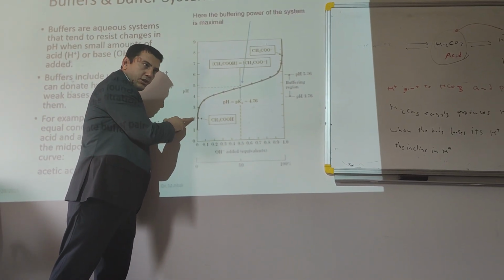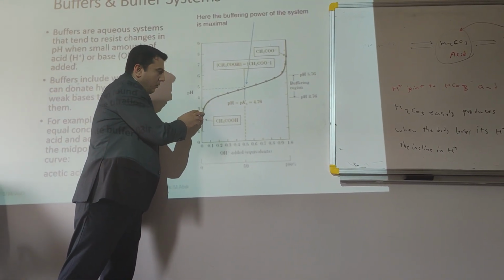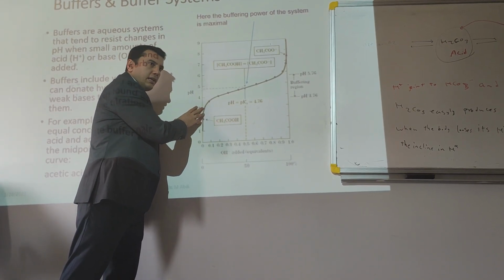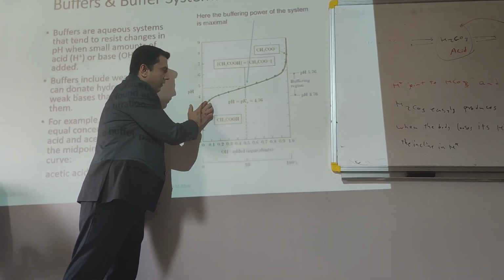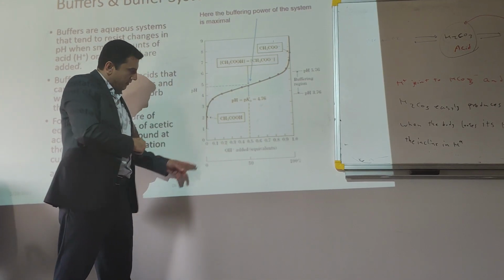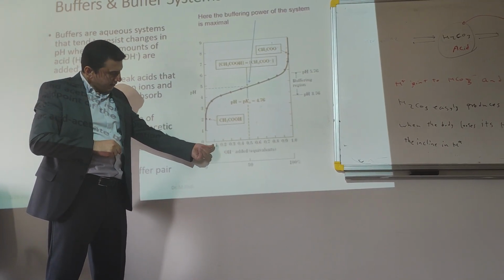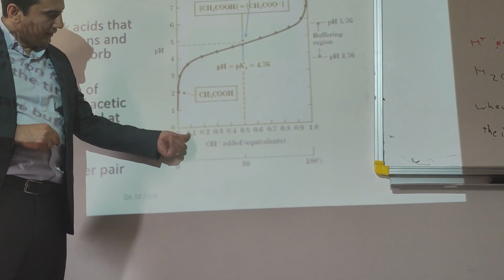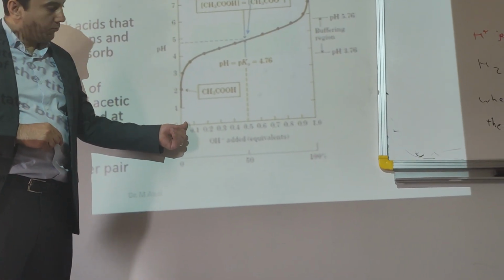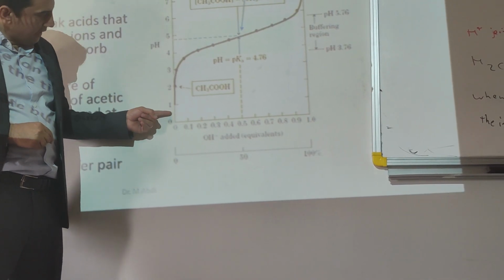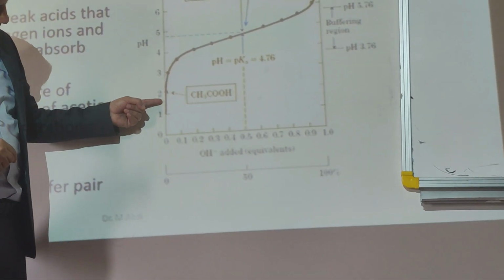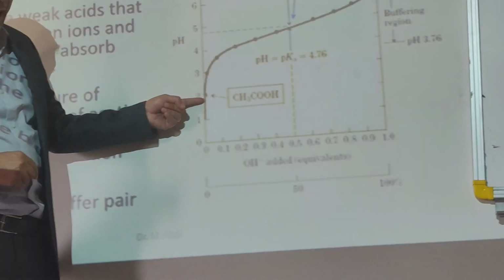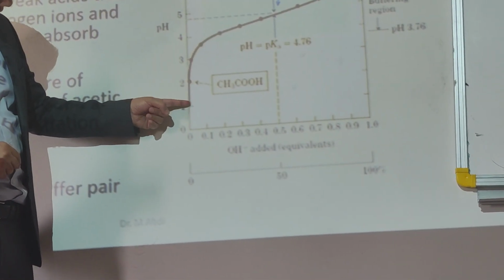the pH will change very fast. As you can see here, when we add less than 0.1 mole of OH, the pH changes rapidly and increases from 1 to 2.